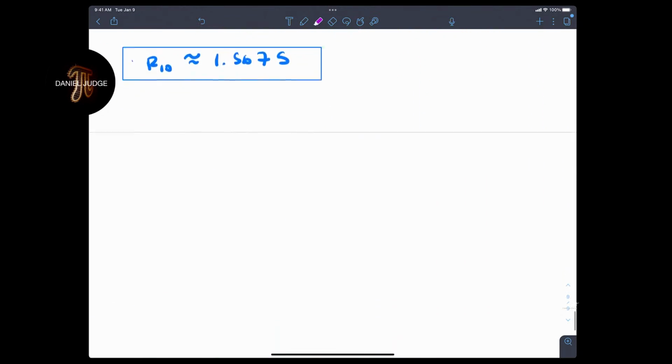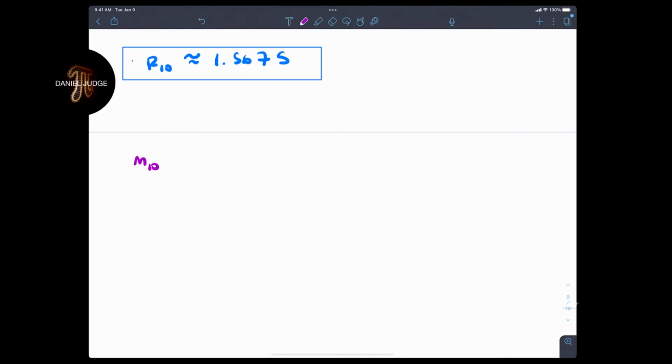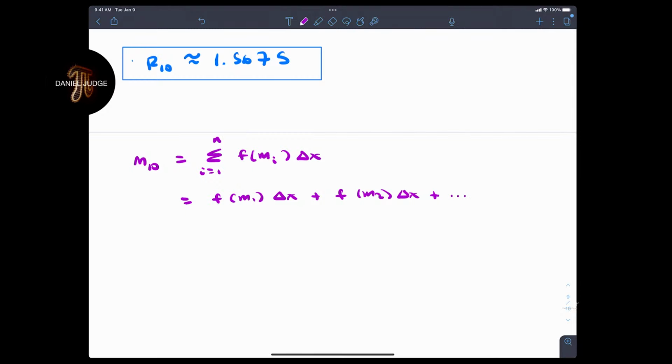So for M10, for the midpoints, let's keep the purple color, is the sum of f of mi delta x. i goes from 1 to n, which is f of m1 delta x plus f of m2 delta x, all the way up to f of m10 delta x.